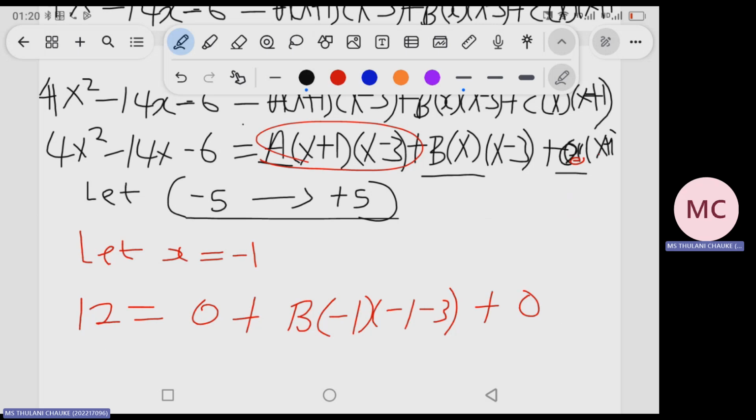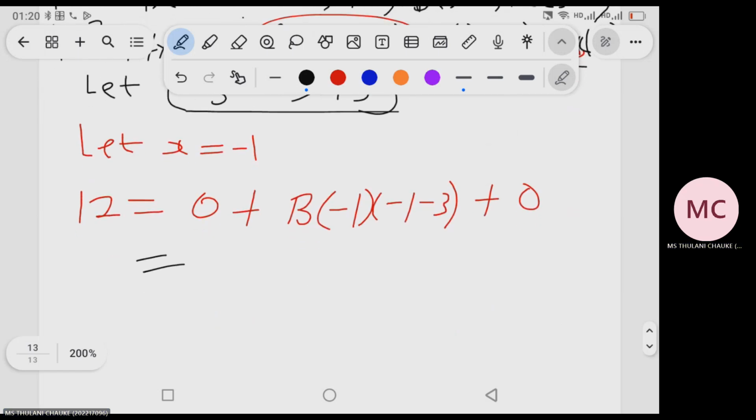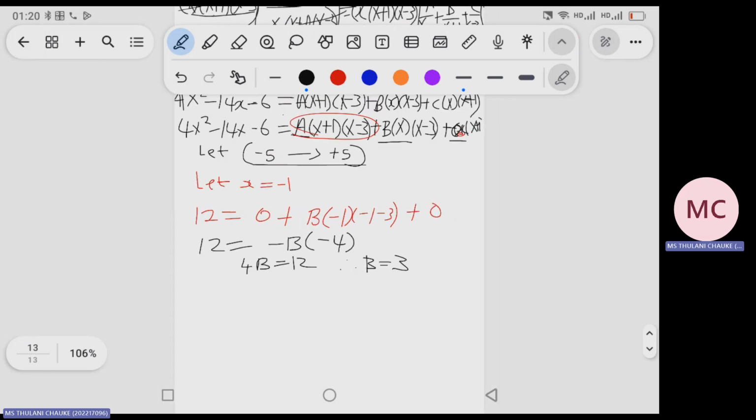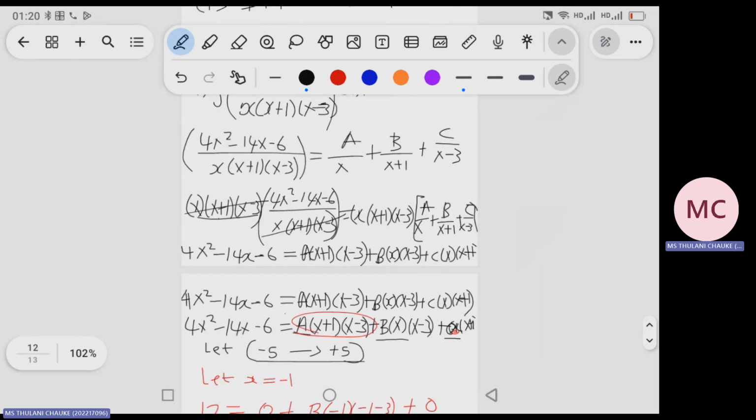C times x will be 0. And then we'll be able to calculate b. See, we're left with one variable. Then this will just be b into -4, 12, and this will be 4b is equal to 12. Therefore, b will be equal to 3. And then now we calculate the value of a and c.